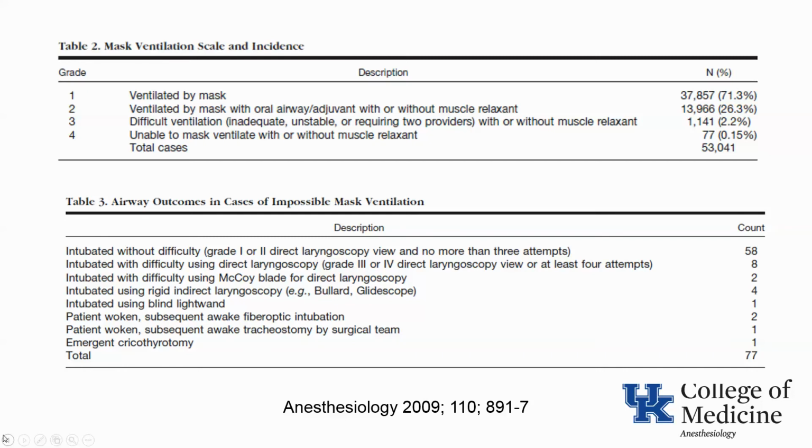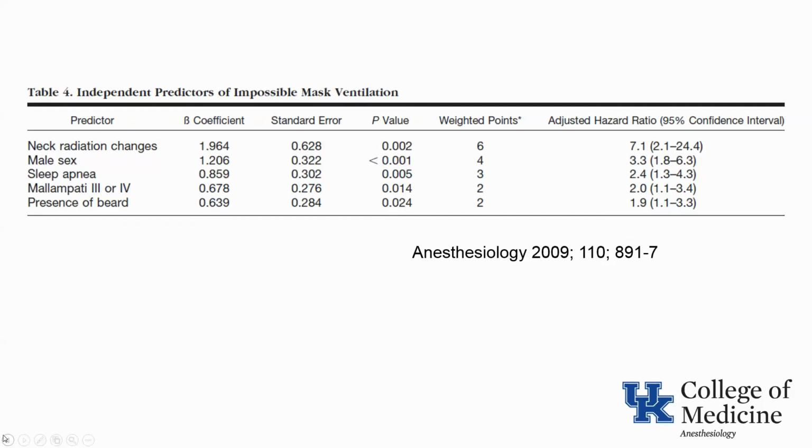You see the incidence, class 4, was only about 0.15%. This shows the outcome of those in which it was impossible to do mask ventilation. The good news is that they had no patient loss. These are the risk factors they found that predicted impossible mask ventilation.